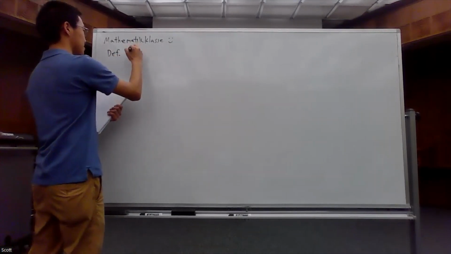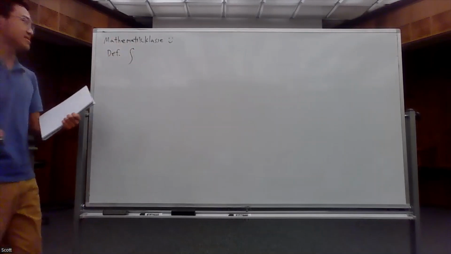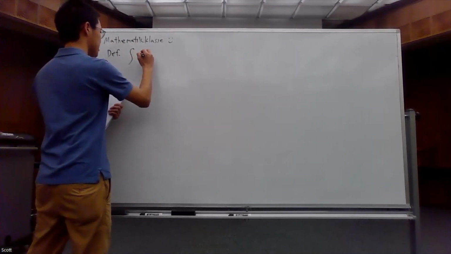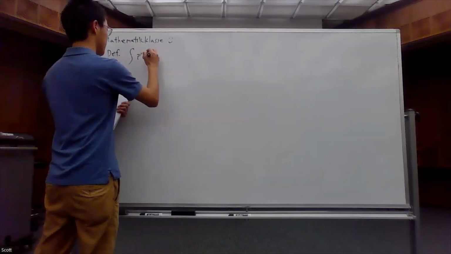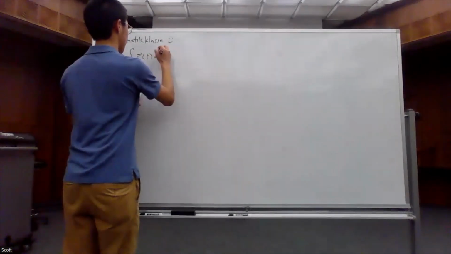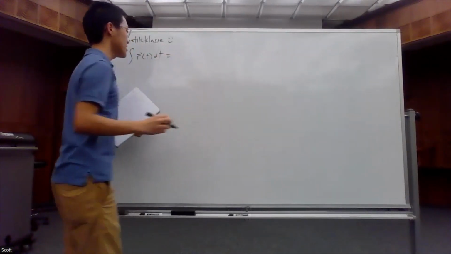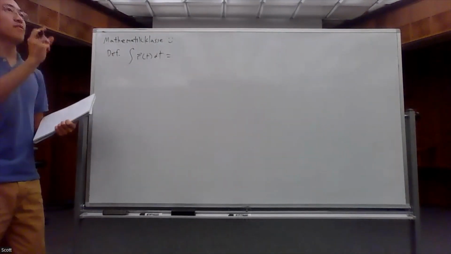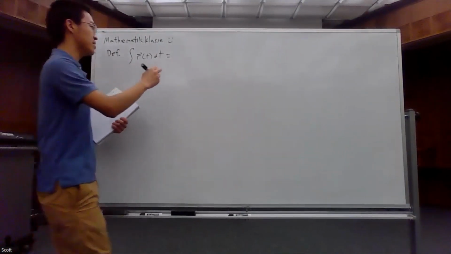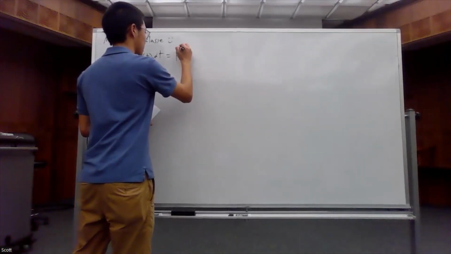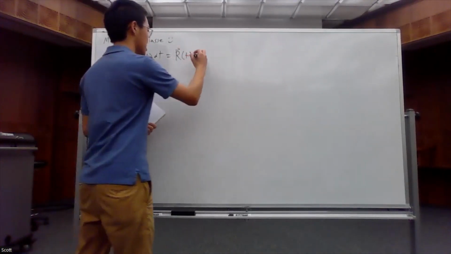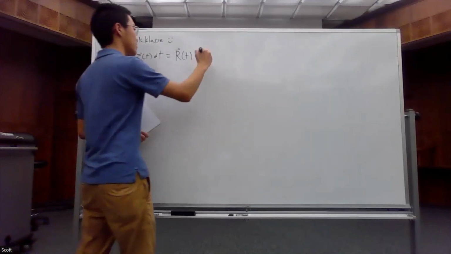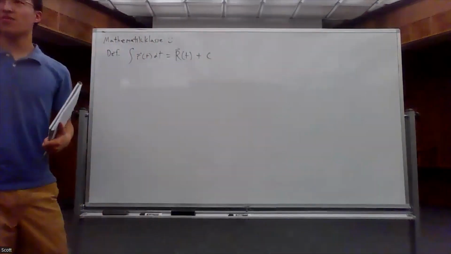Exactly. All right, so here is a notational definition. The integral of r of t dt. This is going to become really important in terms of the differences between Calc 1 and Calc 3. With vector-valued functions, I can't just say plus c, a scalar, anymore.